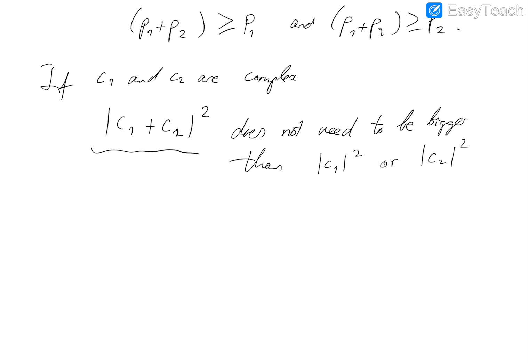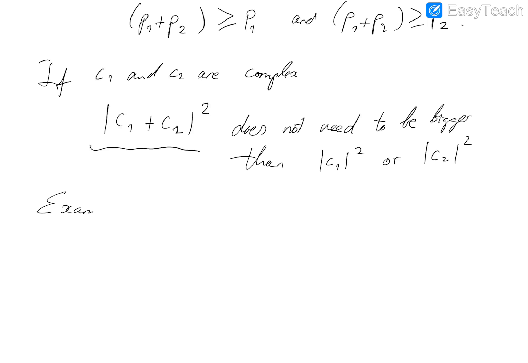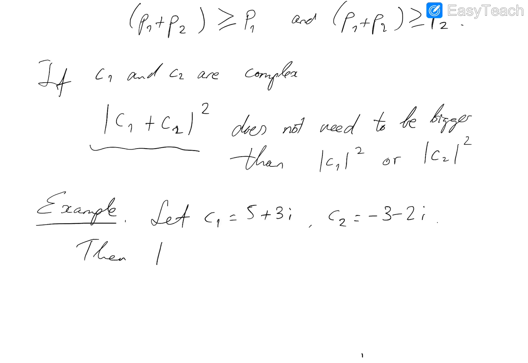Let me give an example. Okay, so let C1 be equal to 5 plus 3i, and let C2 be minus 3 minus 2i. Then magnitude C1 squared is equal to 34. And magnitude C2 squared is equal to 13. But then, what is the magnitude square of C1 plus C2?